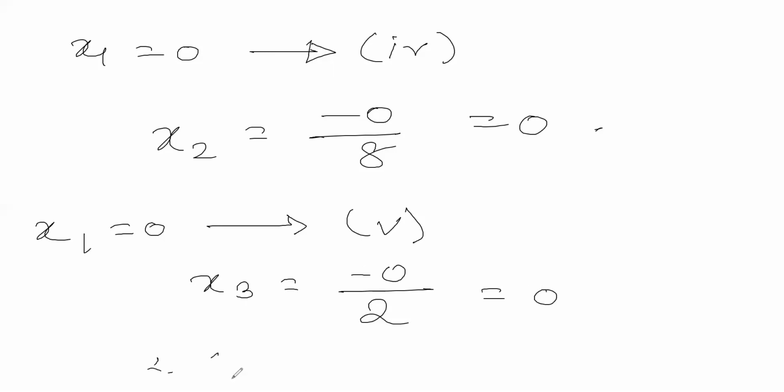So we get that all the values x1, x2, and x3 are providing us with 0 values actually. So these are the critical values that we have solved for.